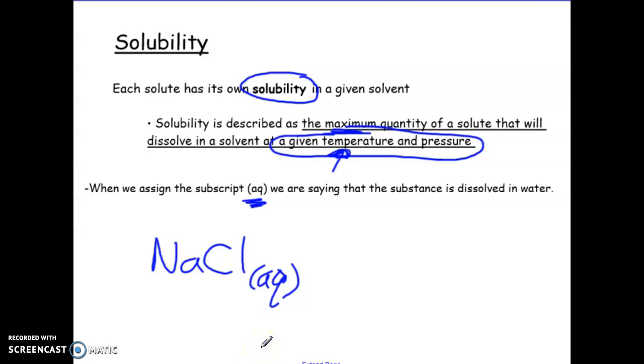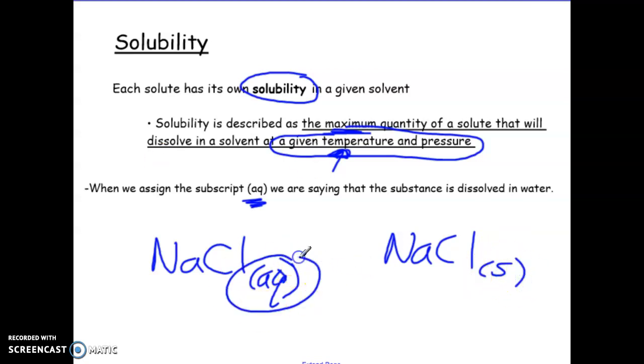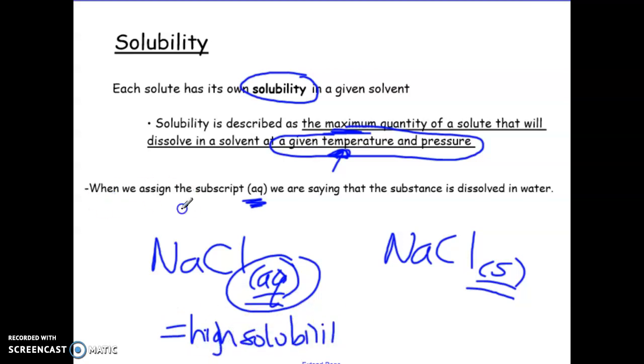If I have sodium chloride that was not dissolved in water, I would not be using the aq. This would be like the crystals of salt before I dissolve it. So anytime you see the term aq, it means we have something with high solubility, so it's dissolved in water.